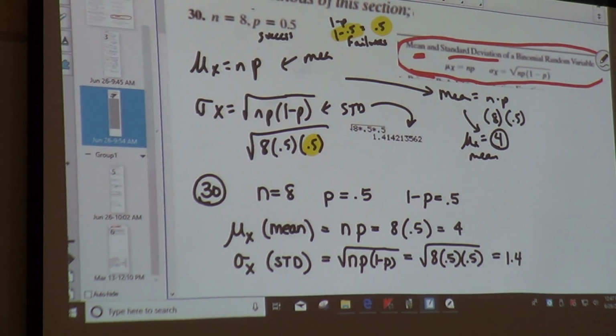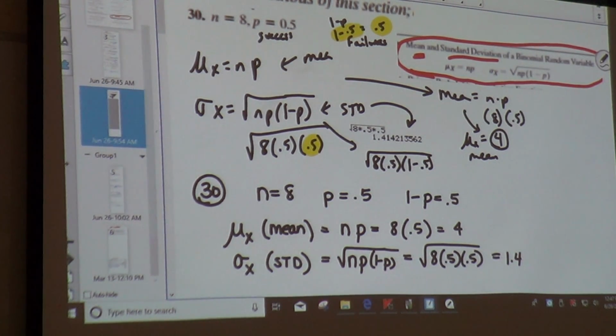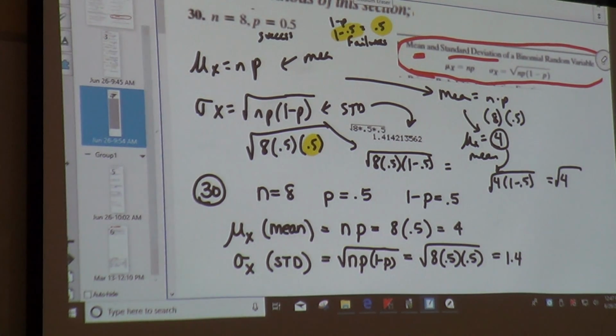But I could have just as easily written it as 8 times 0.5 times 1 minus 0.5. You could have also just taken the result of n times p from the first part, 4, and multiplied it by 1 minus 0.5, or just multiplied it by 0.5. Just however you want to plug it in, as long as you're plugging in the right stuff.